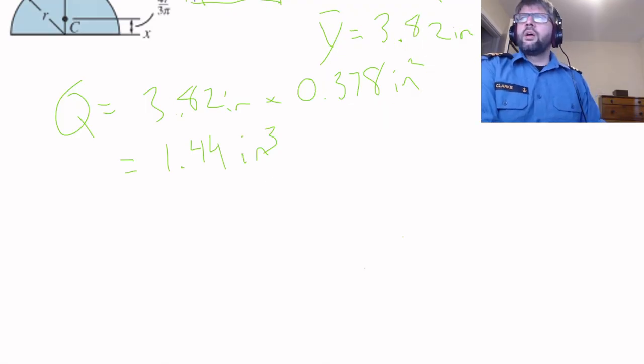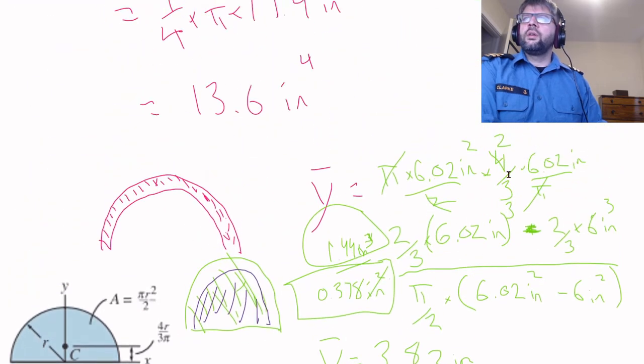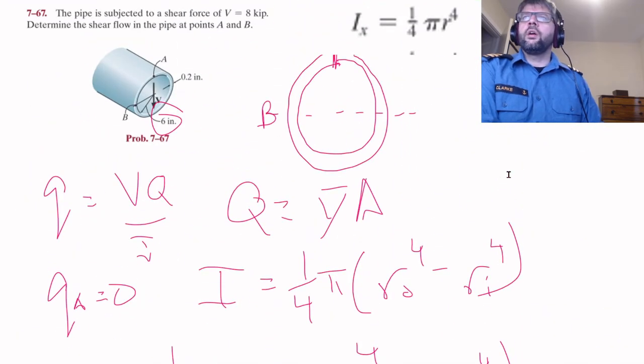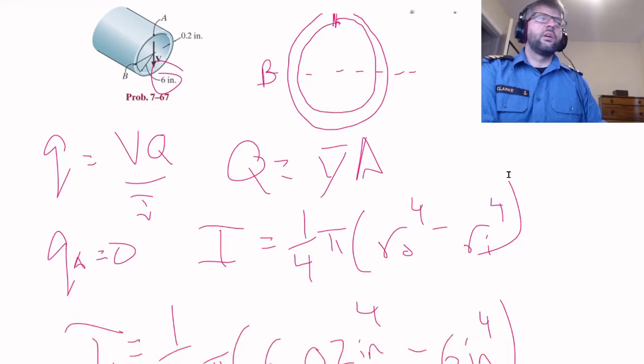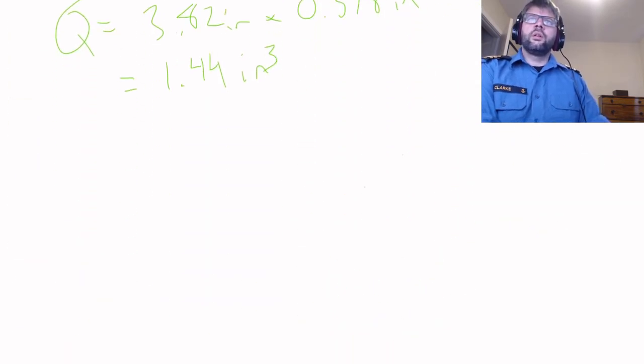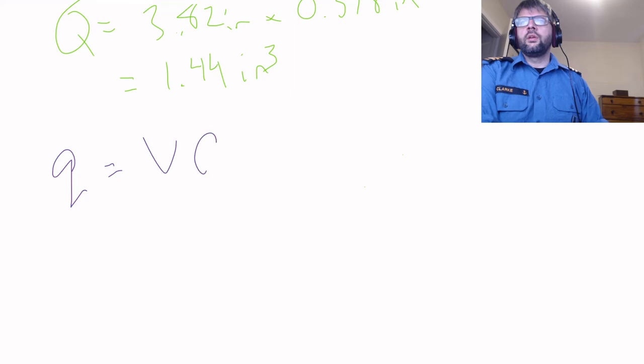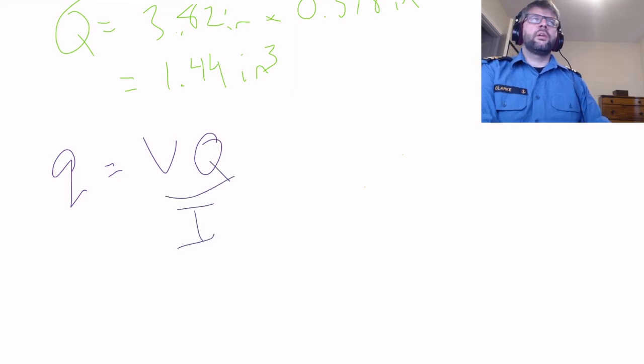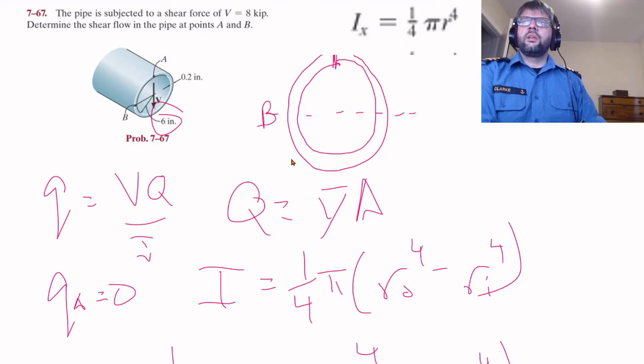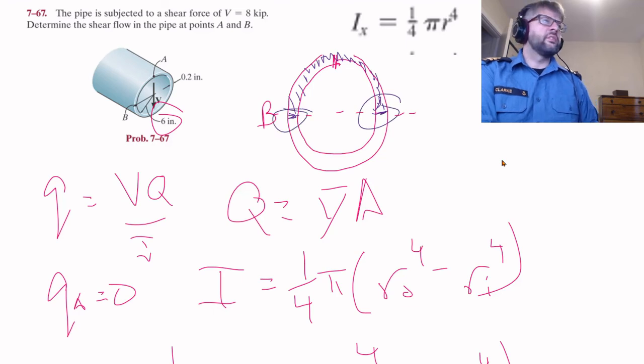So we've got our Q, we've got our I, and we know our shear force. So our shear flow is equal to V times Q over I. Keep in mind that we're not doing it over one cross section here. That calculation took into account the Q going on above both these cross sections.